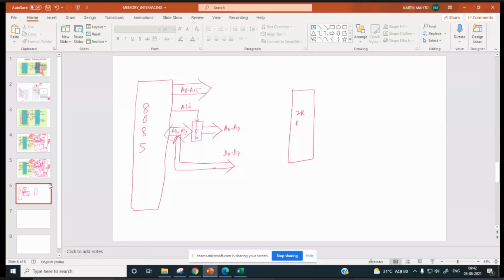Now I'm not writing 2048 into 8. 2K ROM means it will have how many address pins? Anyone quickly? A0 to A10. It will have read bar pin only because it is ROM.